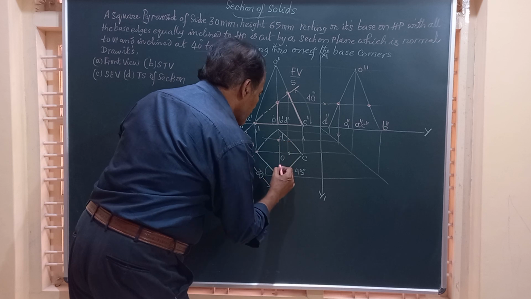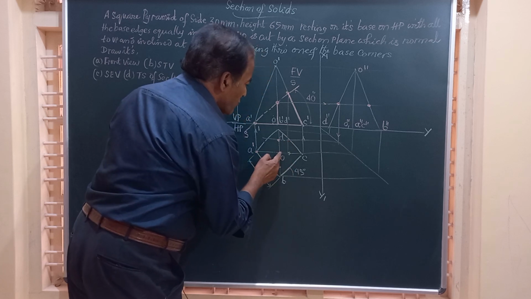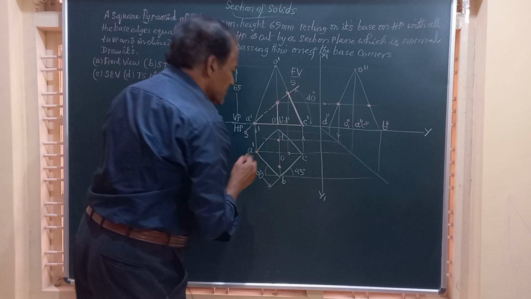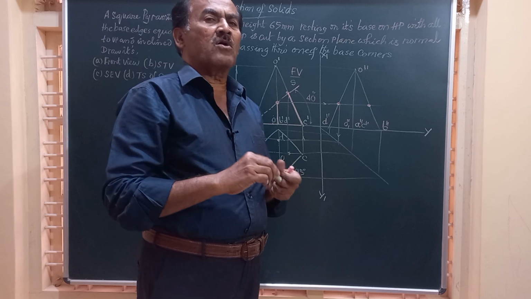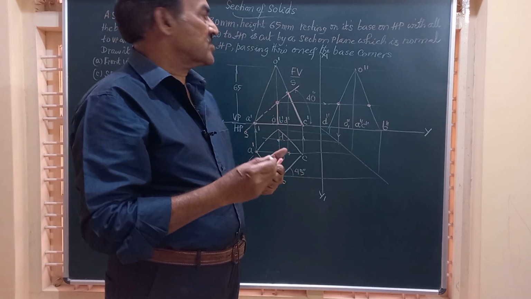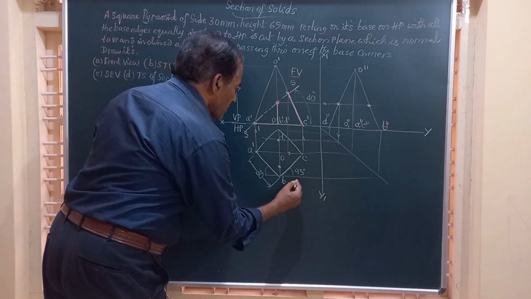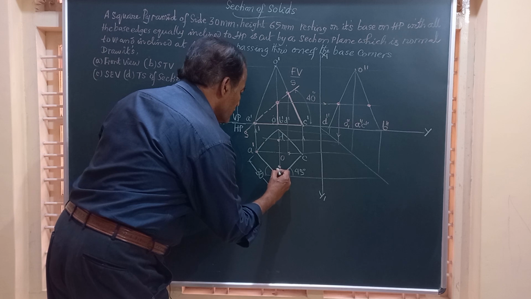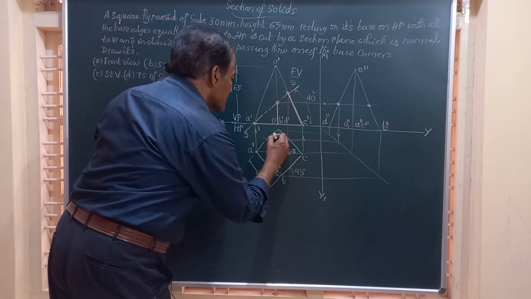You will get this on OD at an equal distance. O to this is equal to O to this. They are the same. Friends, we have got all the 4 points on the 4 slant edges of the solid. That is, this is 1. If I call this B as 2, this is 3, and this point is 4.